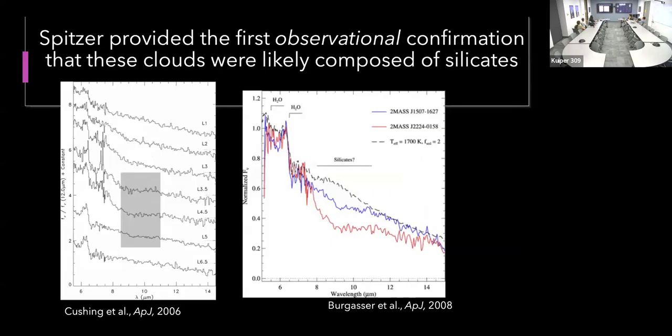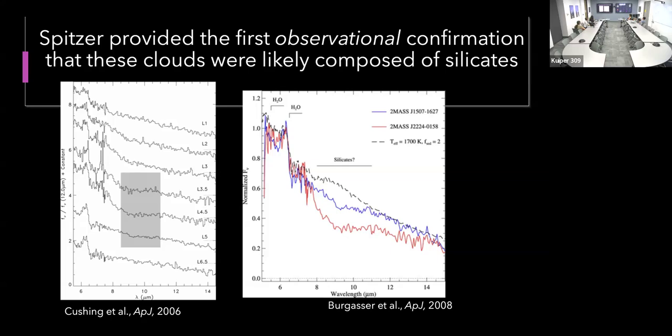So there's this idea that clouds are probably impacting things, but we actually got our first true confirmation that these clouds are probably made of silicate material with Spitzer, particularly when Spitzer was in its cryogenic era and we had all kinds of nice, lovely long wavelength data.